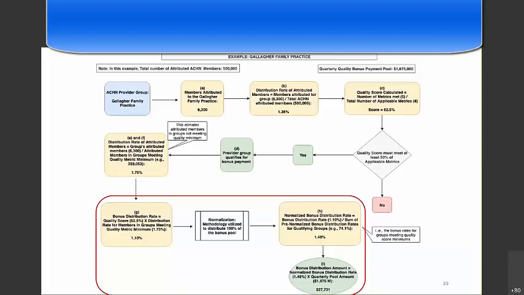This is step I. This is the bonus distribution amount. This is taking the normalized bonus distribution rate above, 1.48%, applying it to the quarterly pool amount, in this case, $1.875 million. That gives us a bonus payment of almost $8,000 for this practice.